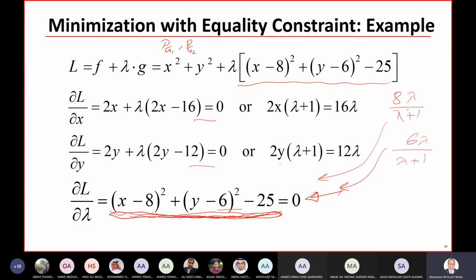If you have complex constraints and an objective function, in this case these equations are not easy to solve. So what do you think if you have some nonlinear algebraic equations?